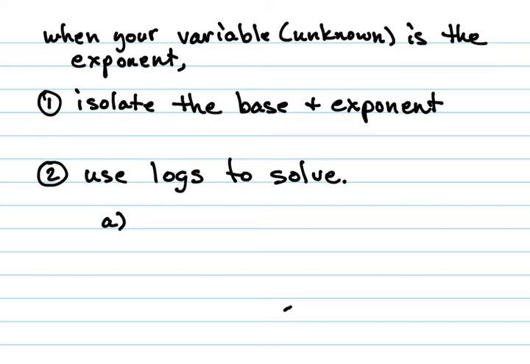So let's say we have a problem, who cares what it is, like 12 equals 6 to the nth power, for example. What we're going to do first is always take that exponent and move it in front of the number that you have.